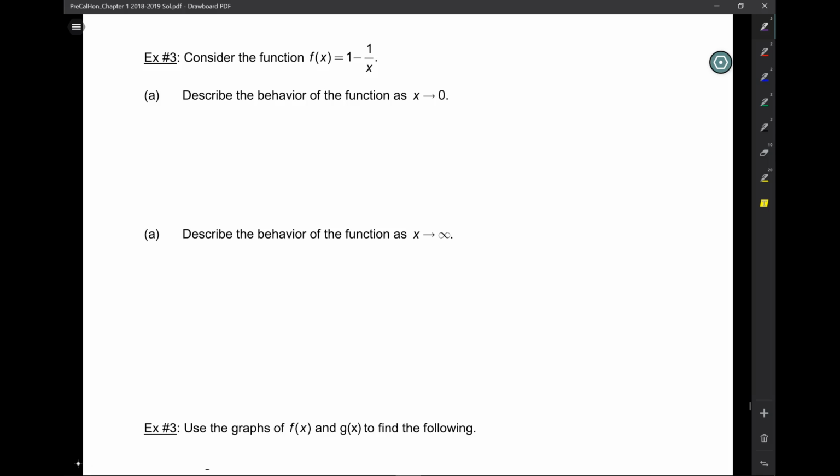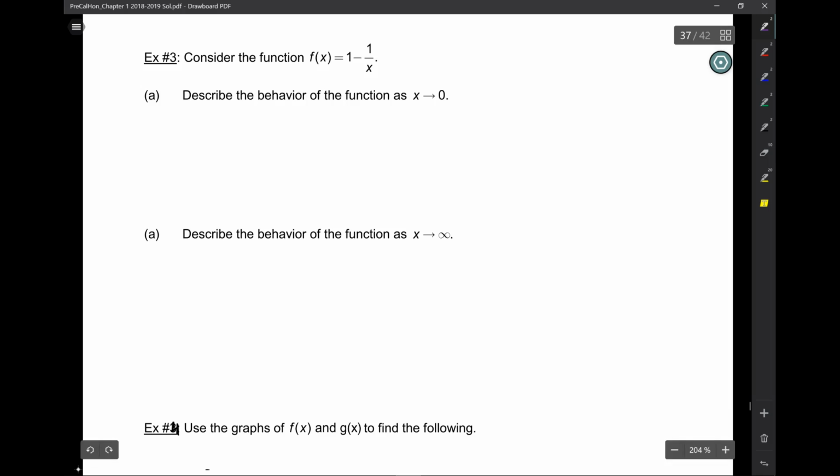I messed up. Both of them. Okay, that's even better. It's example 3 and 4. This page is super important. So listen. F of x is 1 minus 1 over x.